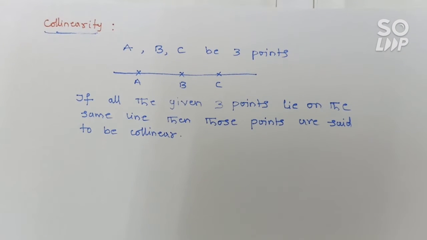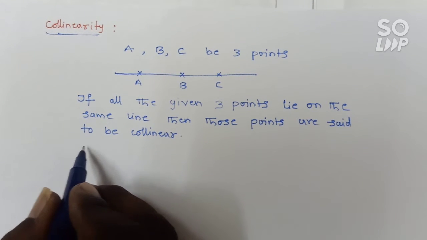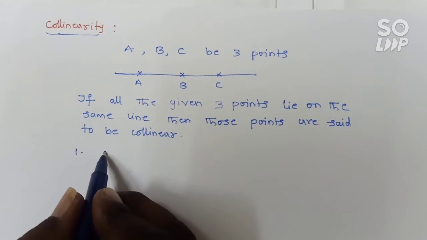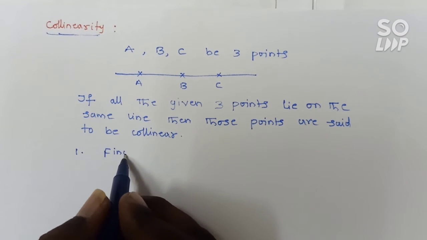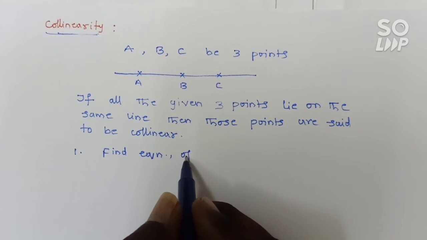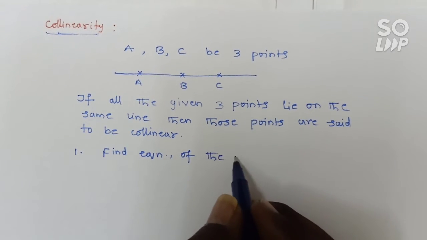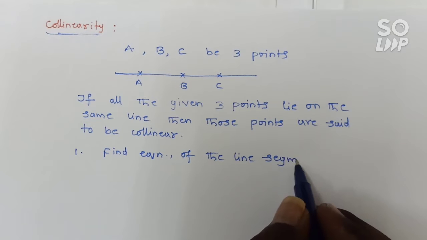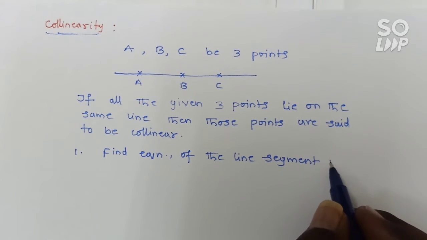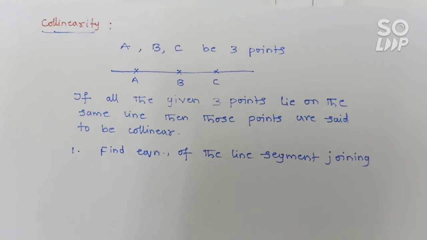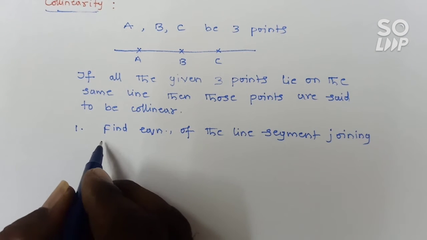So what are the different methods to prove the given points are collinear? The first method is: find the equation of the line segment joining any 2 points.